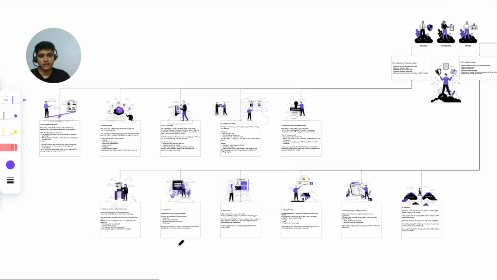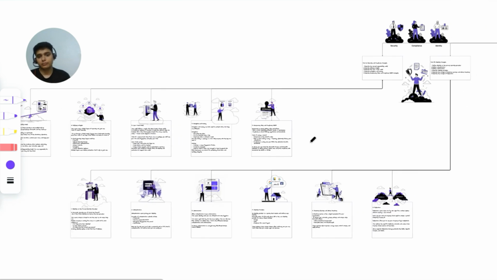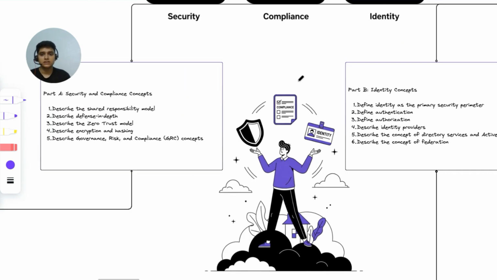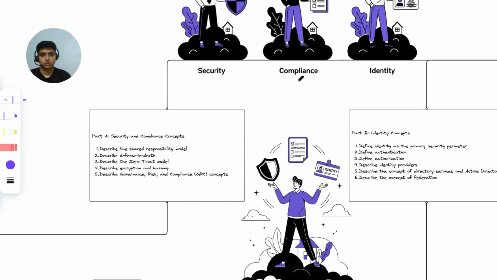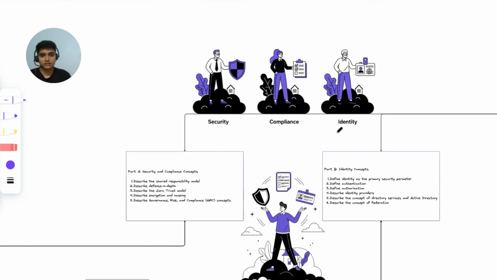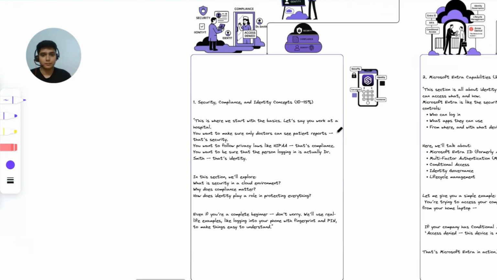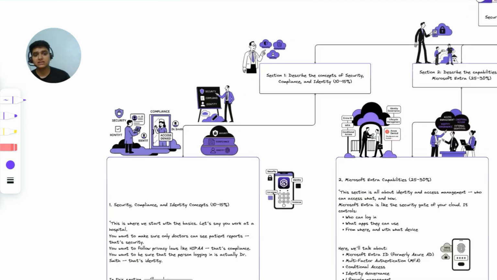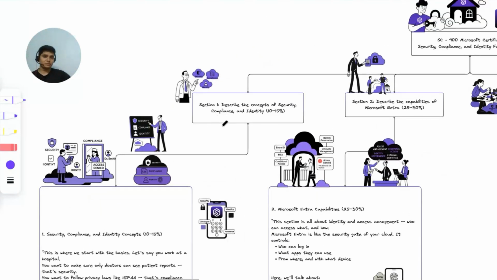Part A included 5 topics, part B included 6 topics, and these two parts came from section 1, which is security, compliance, and identity concepts. Again, it's just an overview describing this section 1, which has been done.